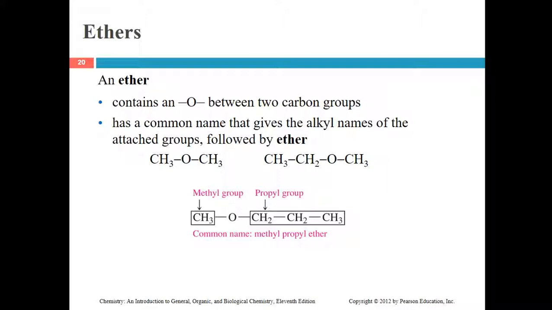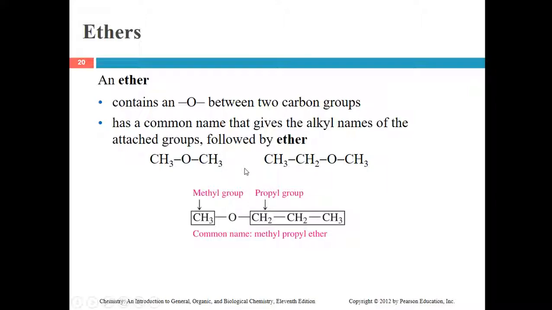One more functional group that we're going to be talking about in this section is an ether. Now, an ether, you might be thinking, looks like an alcohol. No, it has an O that's between two carbon groups. The alcohol has an OH attached to one carbon group.